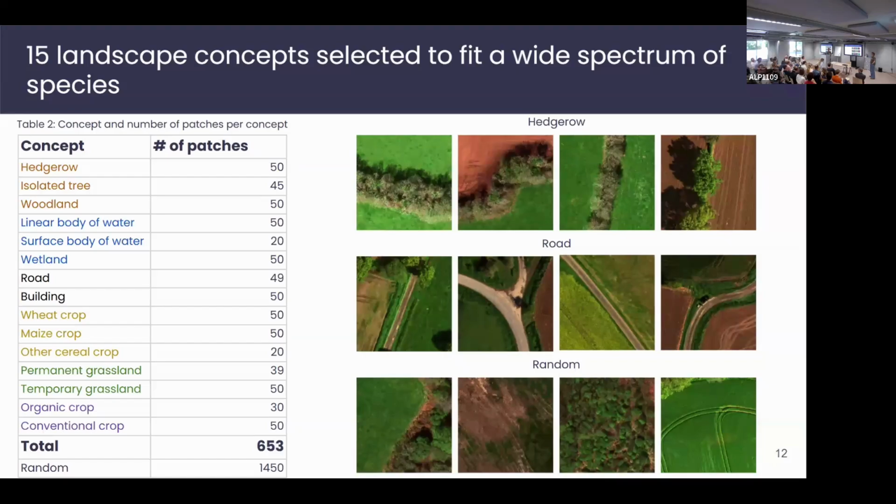So robust TCAV relies on having a predefined set of concepts, and it allows you to test the importance of the concepts that you predefine. And you may be missing quite a bit here. For example, in insects, quite often edges are more important than the actual habitat. Like the frontiers? The edges, yeah. There's a lot of work on edge versus interior and the importance of edges, for many animals and plants.